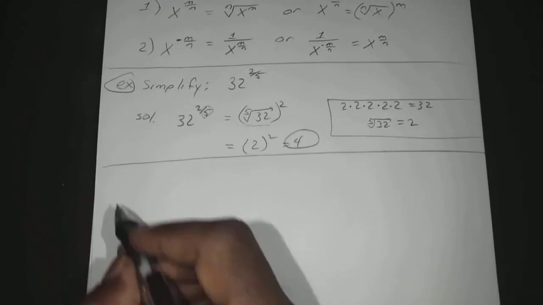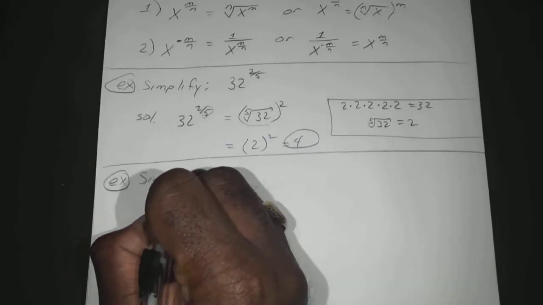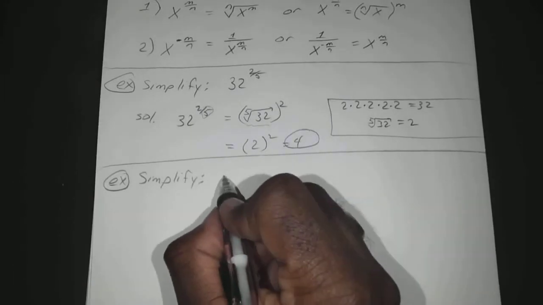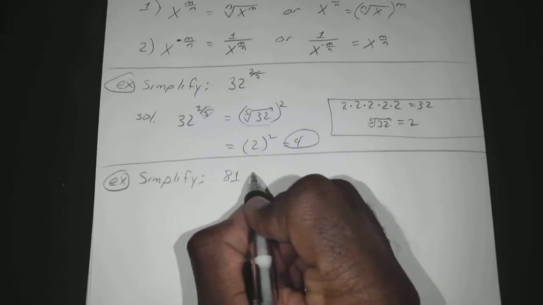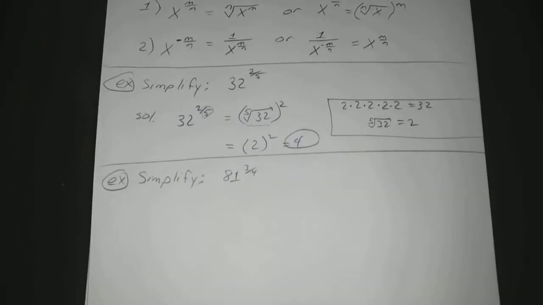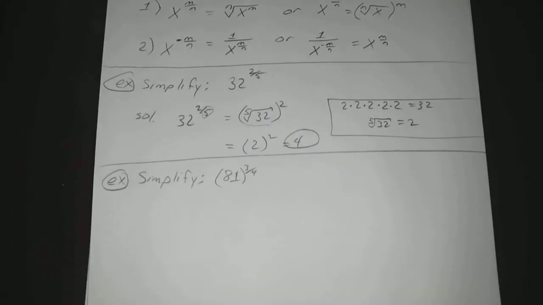So what if we had 81 to the 3/4 power? Sometimes you see the parentheses, sometimes you won't.